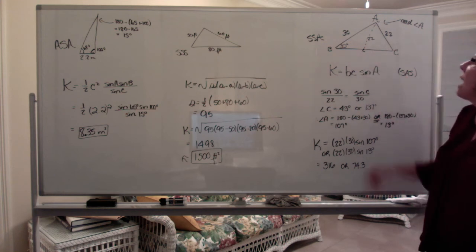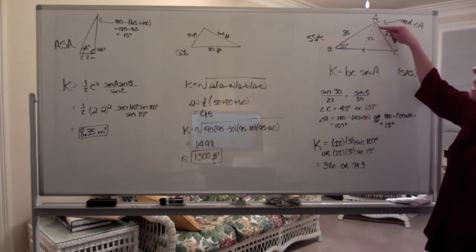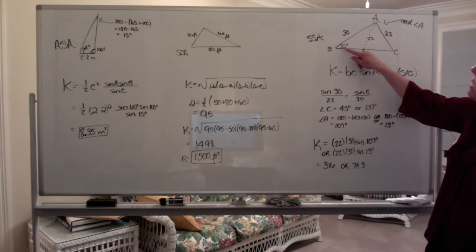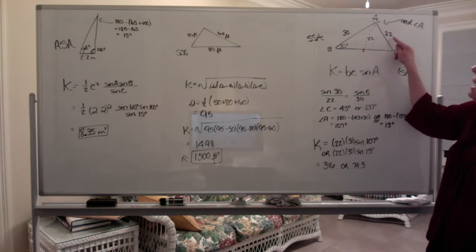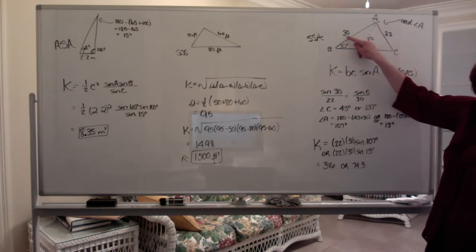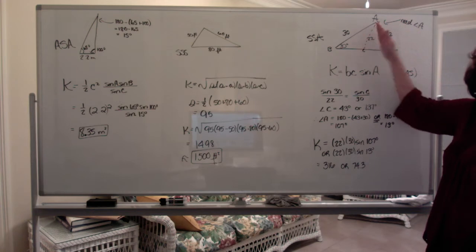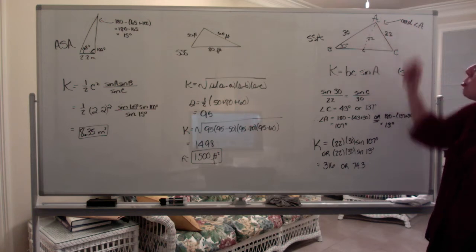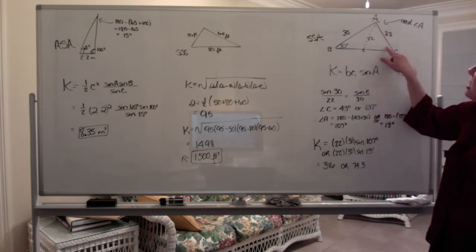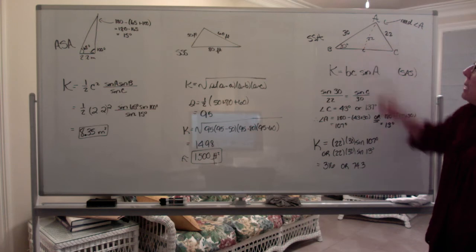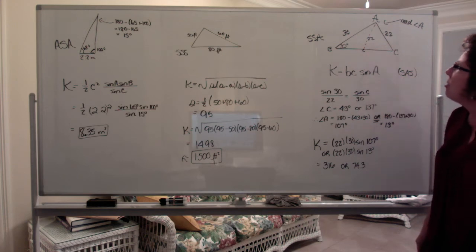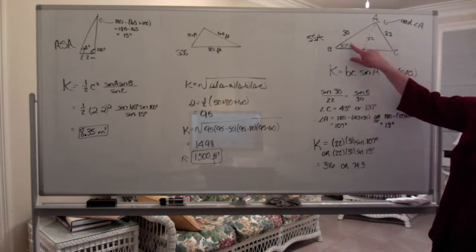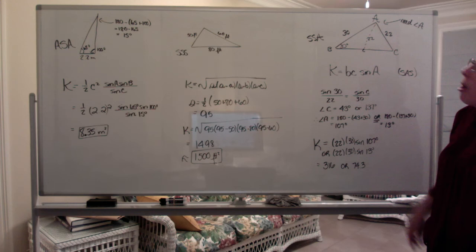In order to do that, I've got to find the measure of angle A, but I know that my given angle's opposite side is 22 and it's shorter than 30. And so I have the swinging side here. I have 2 triangle options. Angle C could be acute or it could be obtuse. So what we use is we have an angle and its opposite side, so let's use the law of sines.